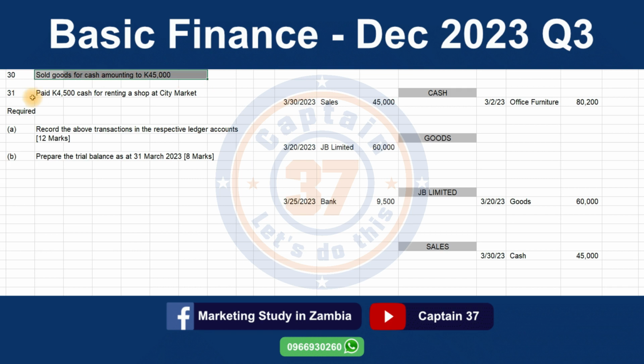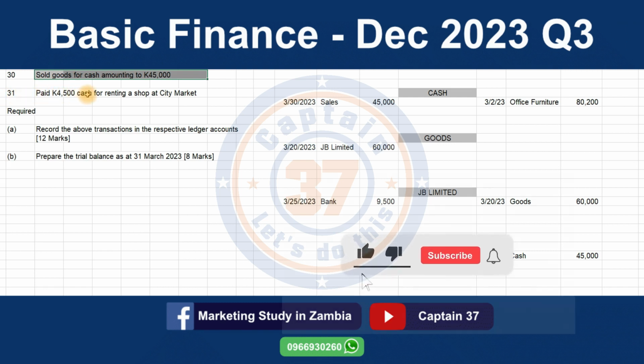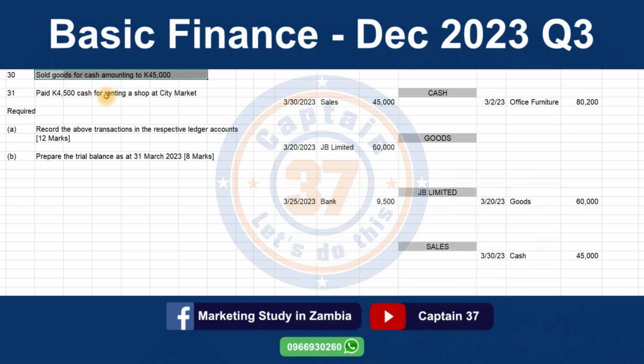And we move on to the transaction that happened on the 31st of March. Paid 4,500 cash for renting a shop at City Market. So we have the cash account here, and we have the rent for the shop.